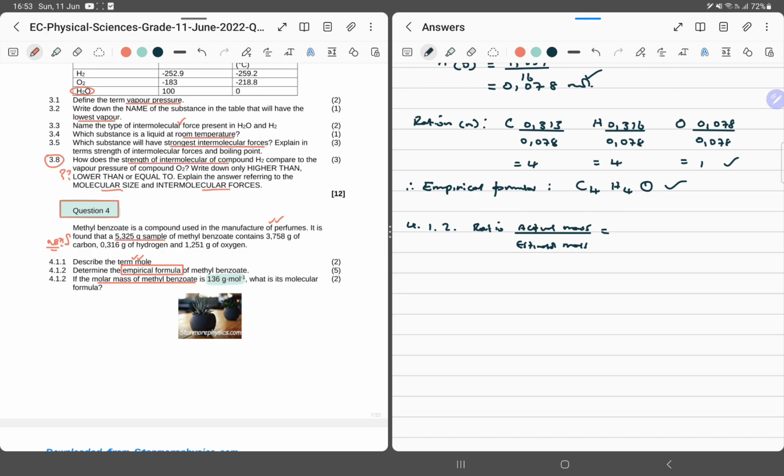It is going to be that 136 because that's the actual. The estimated is going to be this one, so it's 12 by 4 plus 4 for the hydrogens plus 16 for the oxygen.